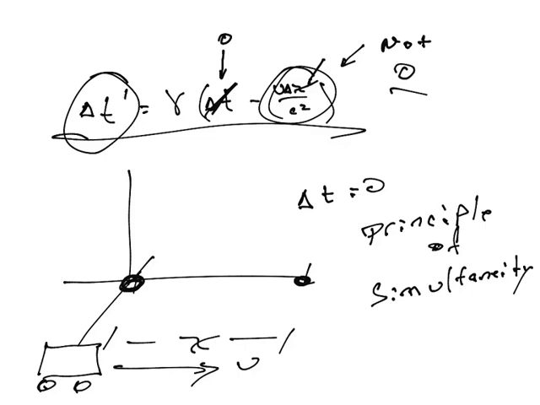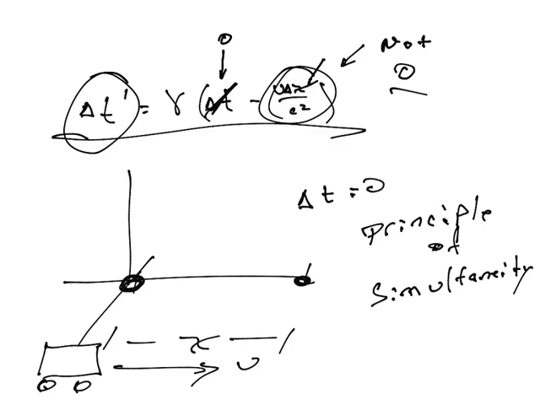However, if the two events occur some distance apart, then everybody will disagree. One person might say it's simultaneous, but anybody who's moving relative to them will say, no, it's not, and they're both right.